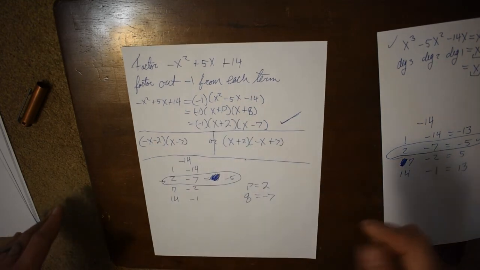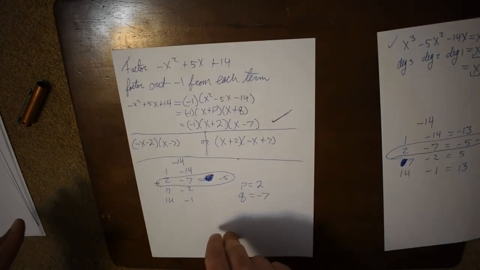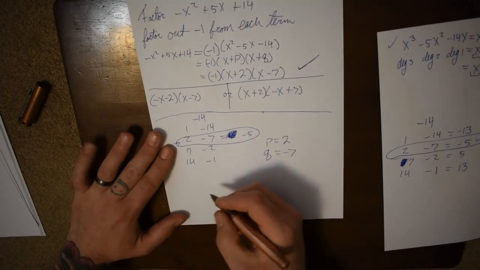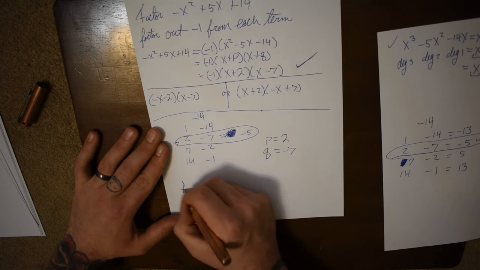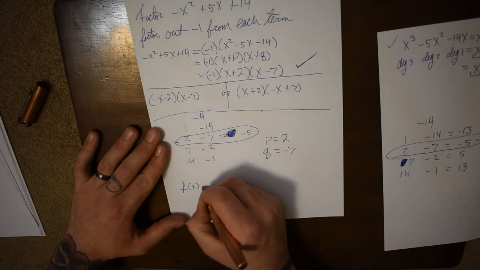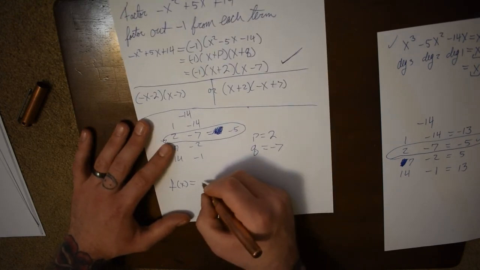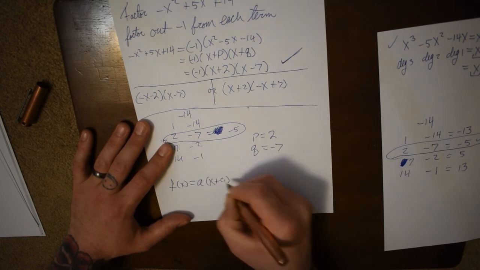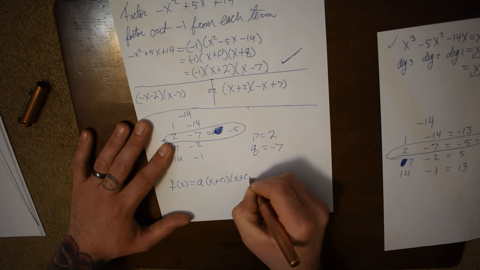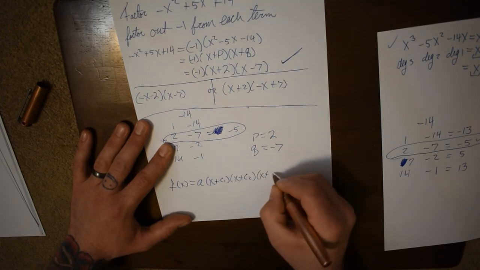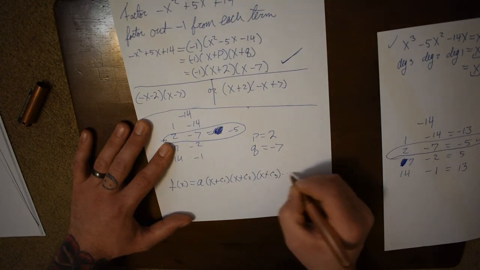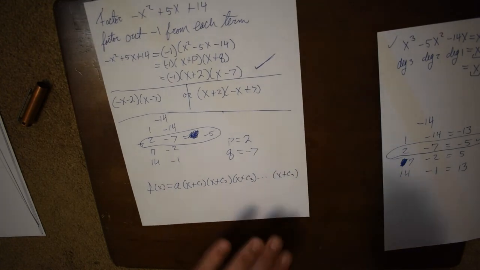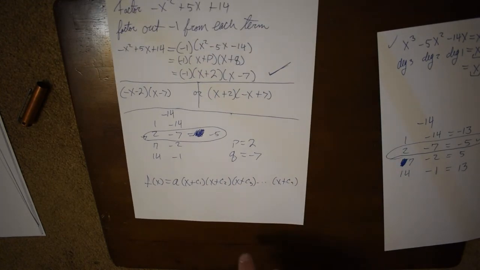There's also a theorem in mathematics that says that you can pretty much write any polynomial as, we'll call it a, times x plus c1, x plus c2, x plus c3, and these go on until you have x plus cn, until you've got n of them.